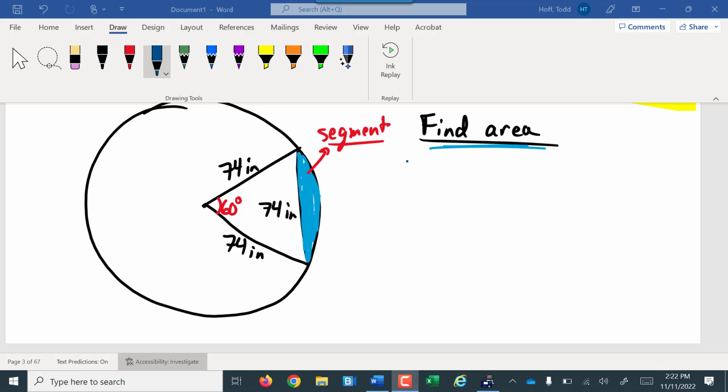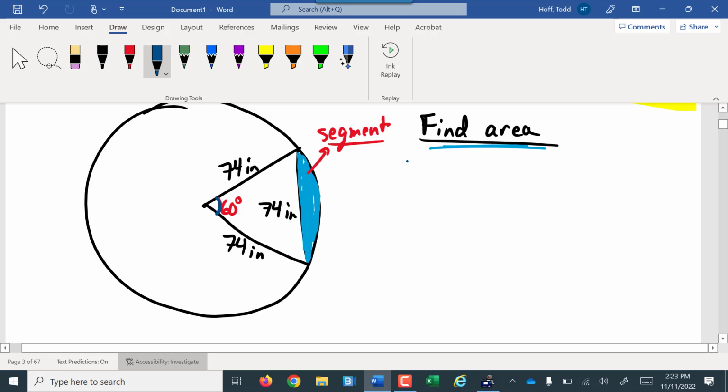Let's take a look, see which one of you is right. So yes, this interior angle here, the central angle has to be 60 degrees because it's equilateral.